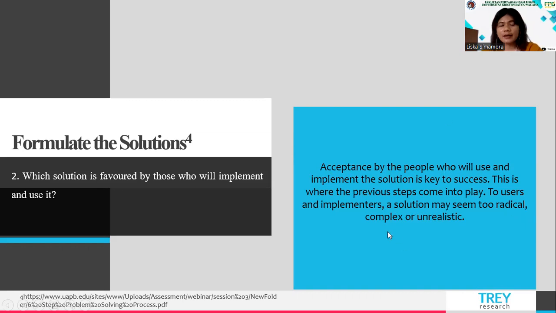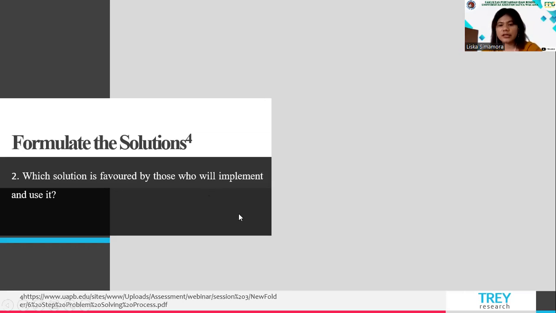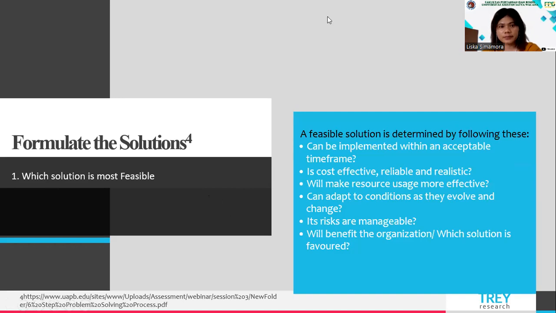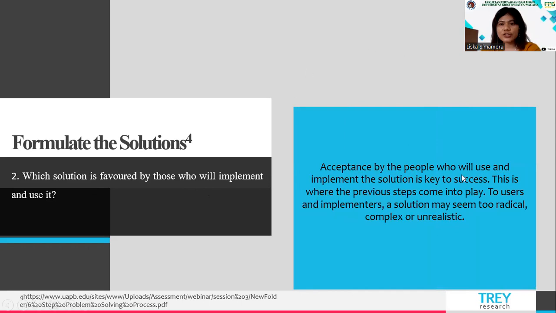So for example, in number one, we found there are three feasible solutions. But when we want to implement those three solutions, maybe one or two of them are radical, complex, or unrealistic. So we have to consider which one.